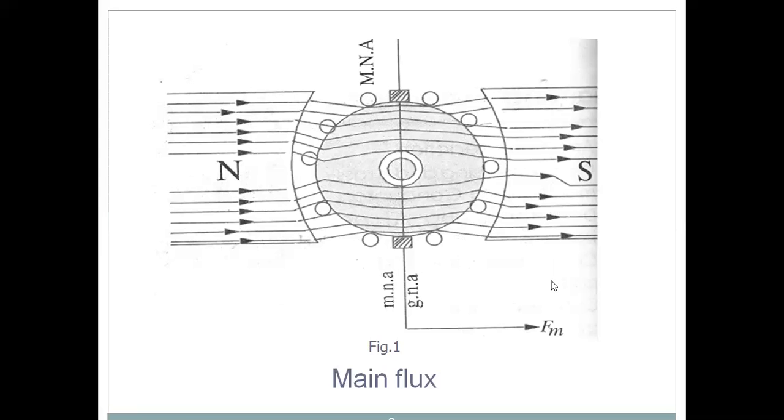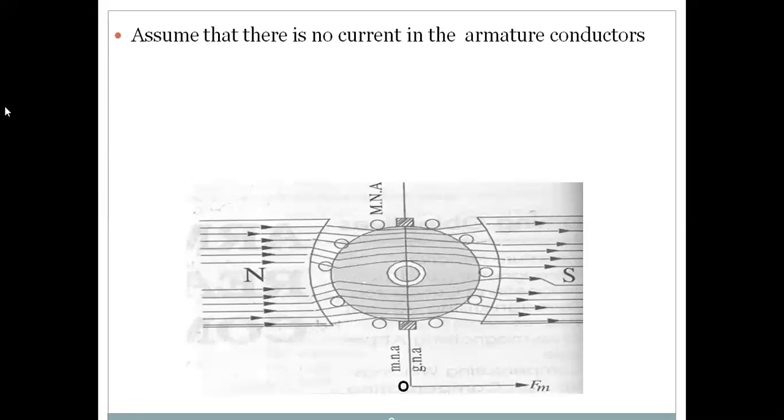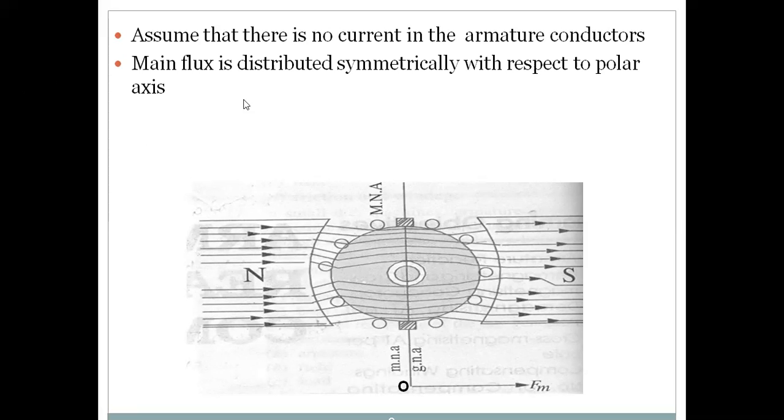Okay, I'm moving to the next slide. Assume that there is no current in the armature. I explained in my previous slide. Main flux is distributed symmetrically with respect to the polar axis. Polar axis is exactly the mid portion between the poles.